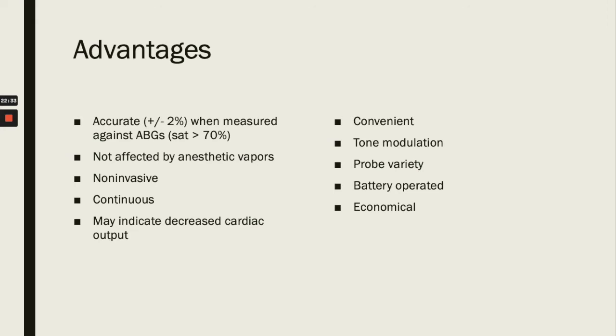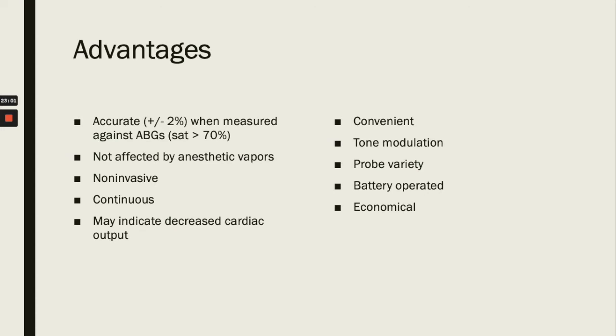There are different varieties of probes, from finger probes, to probes that can be attached to the forehead, to the nares of the nasal cavity, or an ear probe. They even make probes small enough to be attached to a toe as well. Some of them are battery operated and portable, so you don't necessarily need to be plugged into a machine.